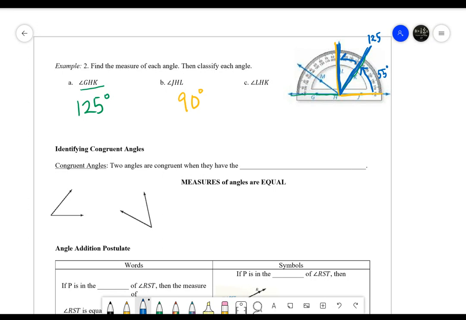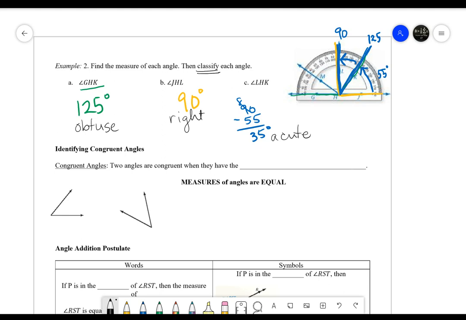And from here to here, this one's 90. Then the difference is going to be 35 degrees. So LHK is 35. Hopefully you can see that. Now for each one of these, then we're going to classify them. So this one's more than 90, which means it's obtuse. This is exactly 90, which means it's right. And this is less, so it means this is acute.